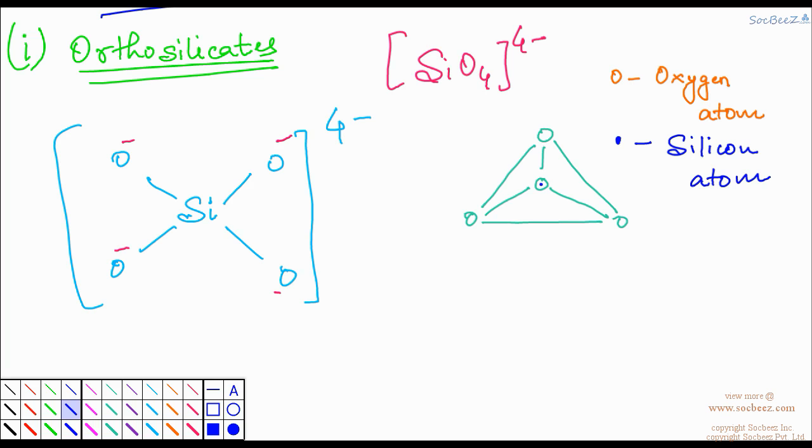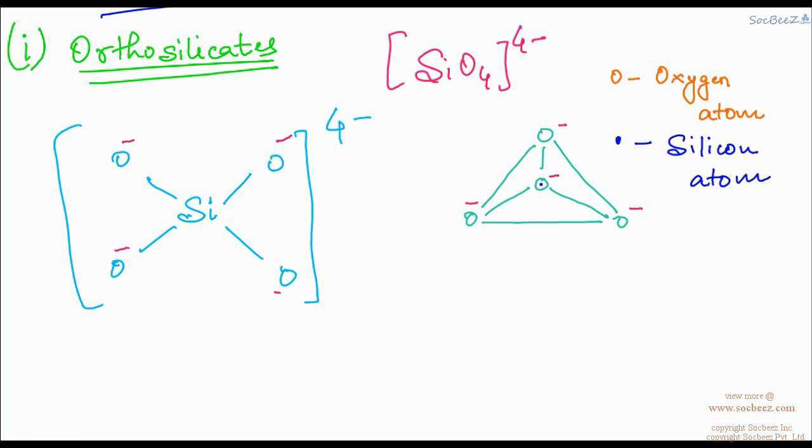The silicon is at the top, there is oxygen below it, and we say that 3 oxygens are bonded to it. Each oxygen has a minus charge. So this is the structure of orthosilicates.